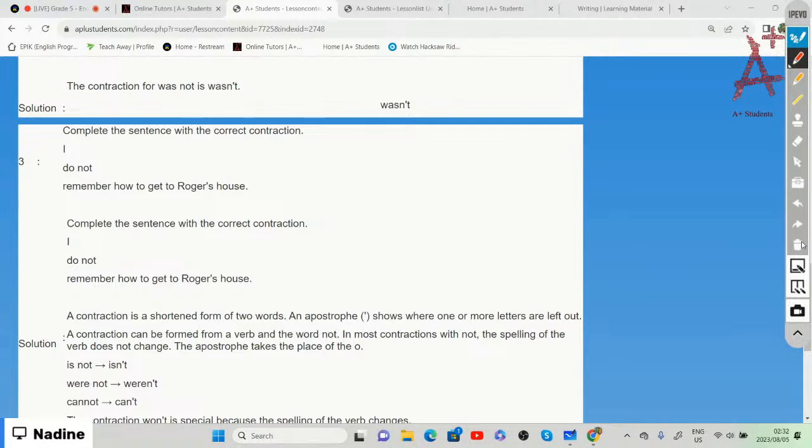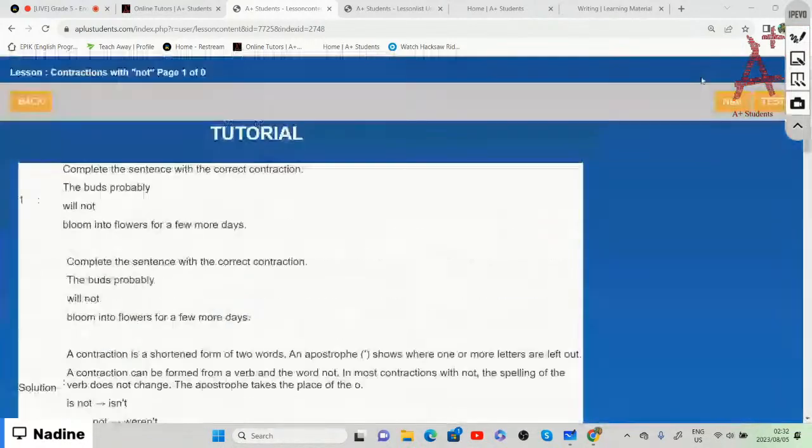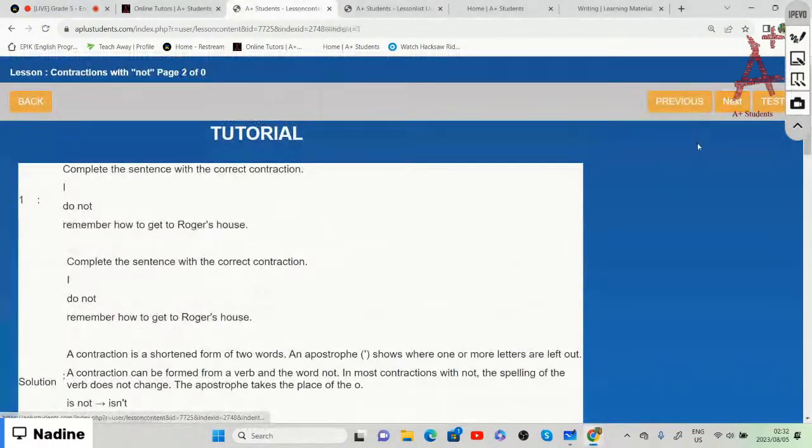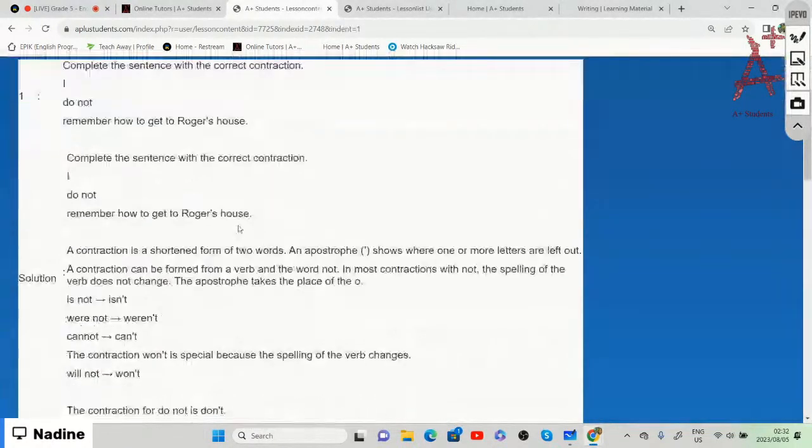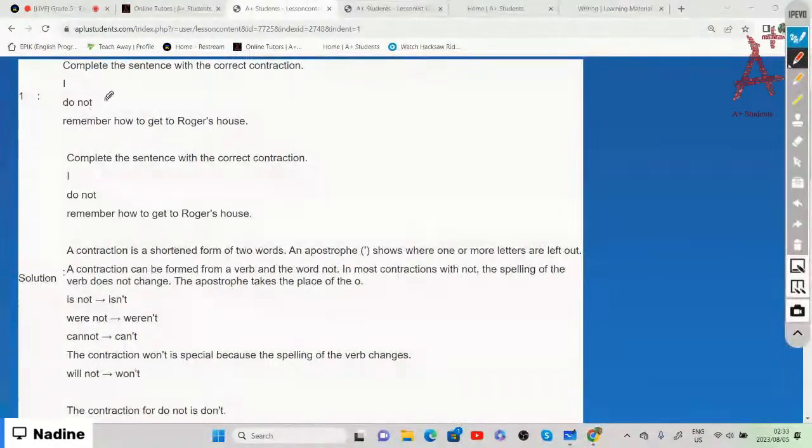Anyways, let us go to the next. I do not remember how to get to Roger's house. So if you do not remember, then we can put I don't remember. So do not is don't.